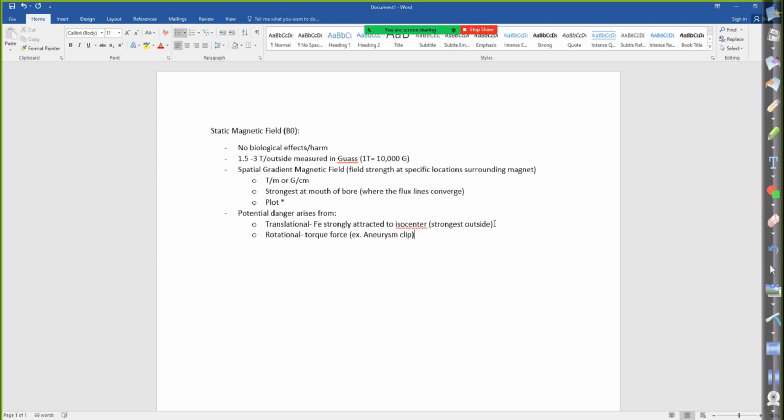We have the example of our aneurysm clip. And where is this force the strongest? At isocenter. Because our flux lines are, what we can say, directional. Straight up and down.